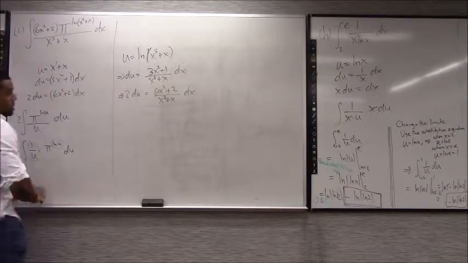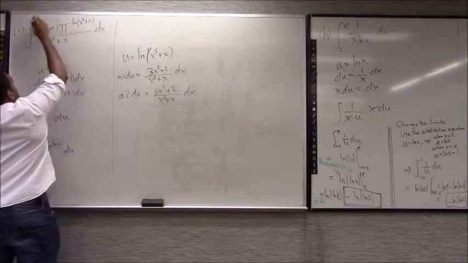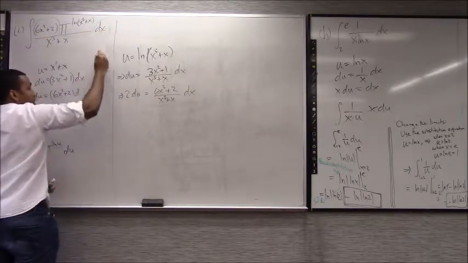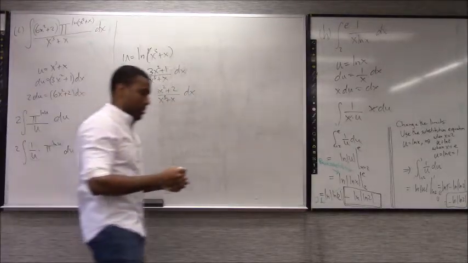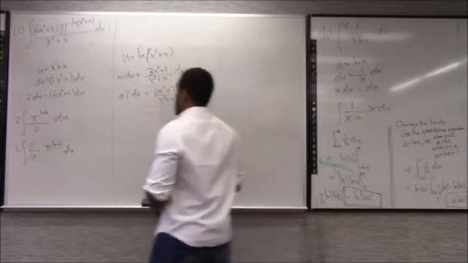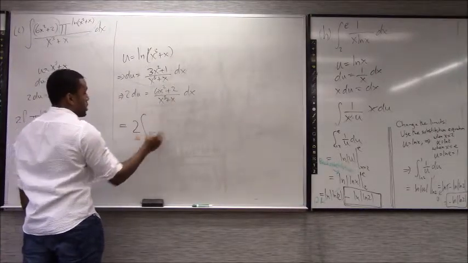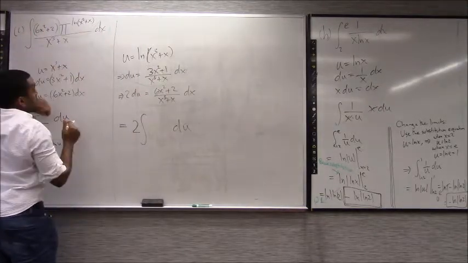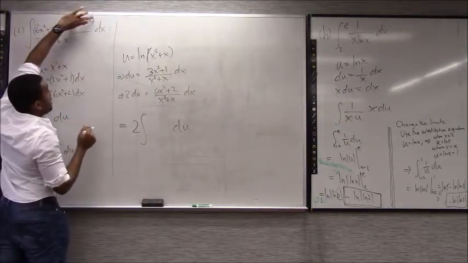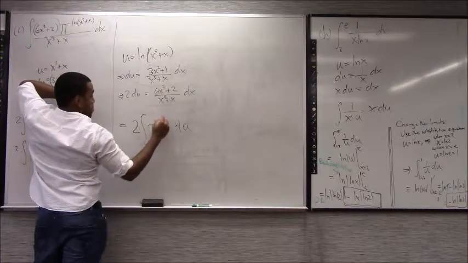And now what you notice is that this whole thing here gets taken out. Oh. That makes it a lot easier. So now we would just end up with 2 du replacing that whole thing. Our u is actually the ln, so that just becomes pi to the u.